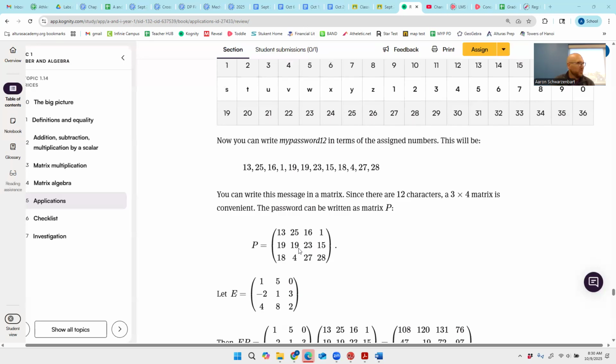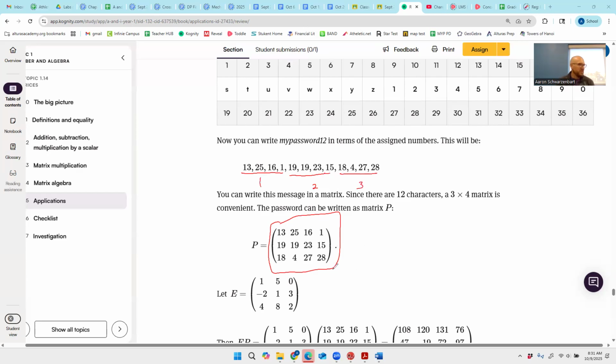I would say go in order. So it's MYPA on row 1, then ASS, and so on. What they did was they translated everything into numbers, and then they went row 1, row 2, row 3.